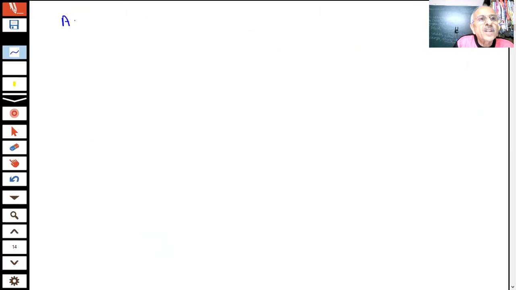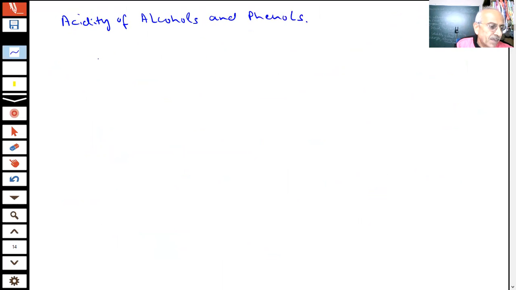Now the key question is that we are talking of acidity of alcohols and phenols. In fact, phenols are more acidic than alcohols.